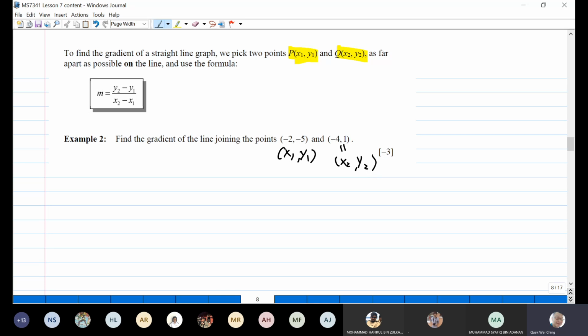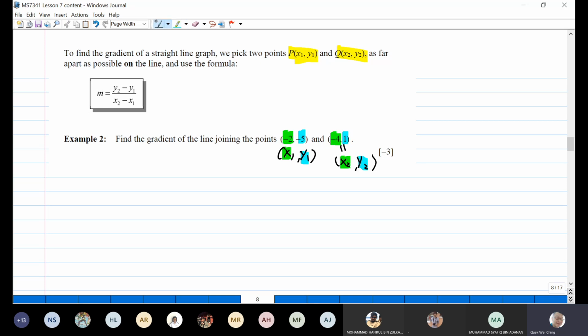Let's use color here. So x1 is -2, x2 is -4, and y1 is -5, y2 is 1.